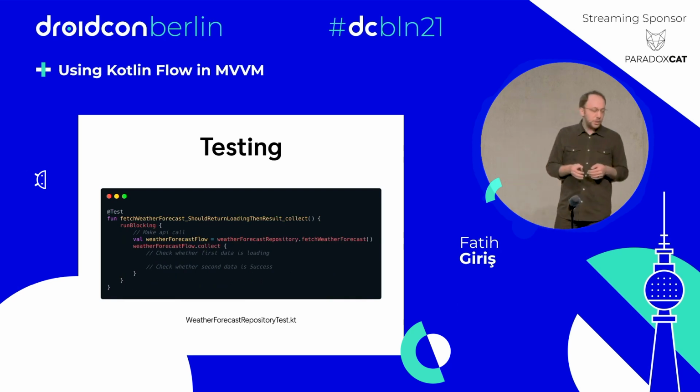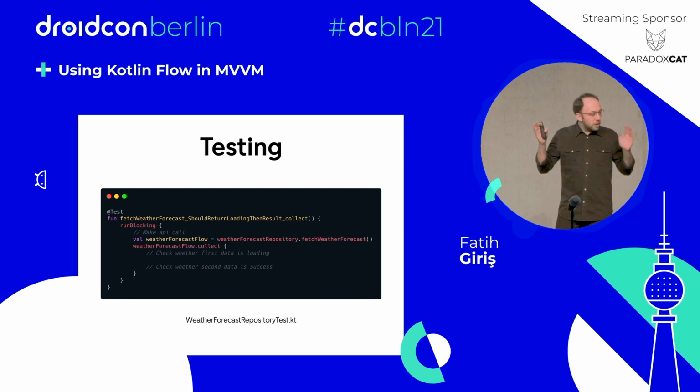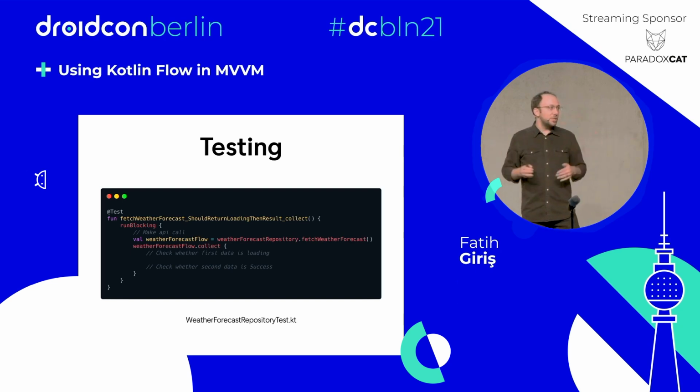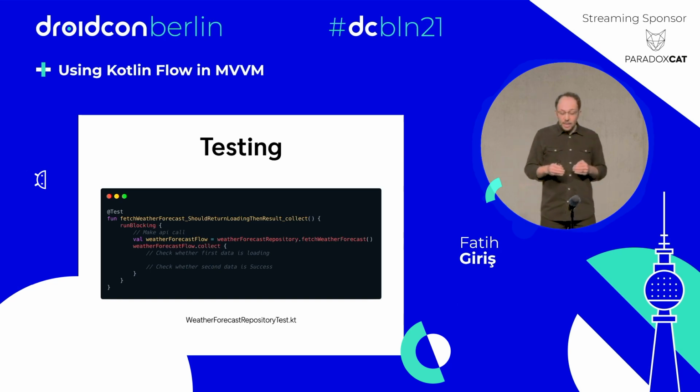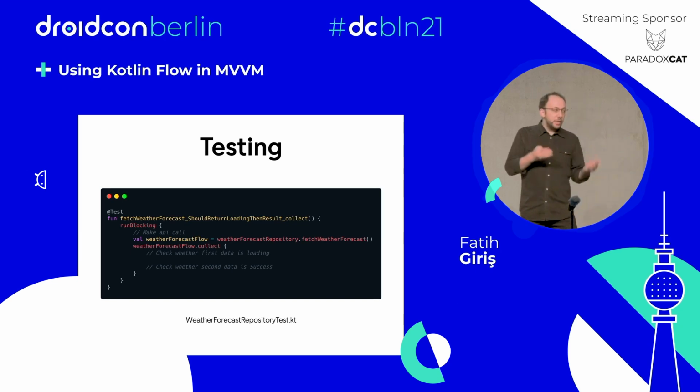In order to test it, we need to first create a coroutine scope. There is something called runBlocking, which basically creates a coroutine scope and blocks everything, so everything is going to happen on the same thread. Then we call the function from the repository, we get the flow, and now how are we going to test that?